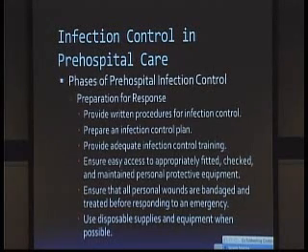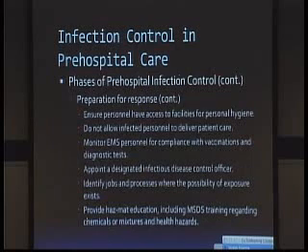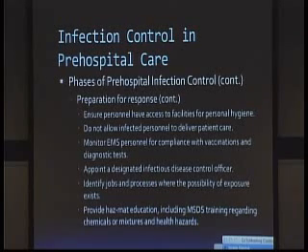We prepare for response with written procedures, with an infection control plan, the training that you're getting here, the equipment that you need, making sure that your personal wounds are bandaged and treated before you respond to an emergency, and using disposable supplies. Part of preparation is making sure that you have a place where you can at least foam off, or use an alcohol wipe, before you're dealing with the patient.